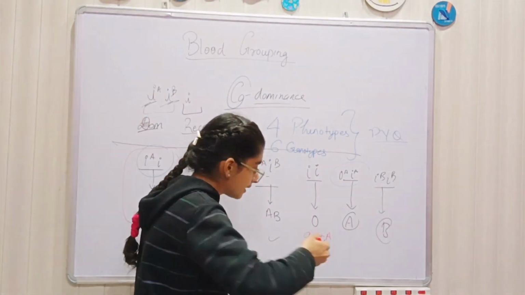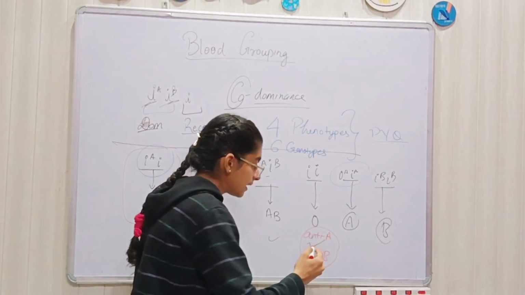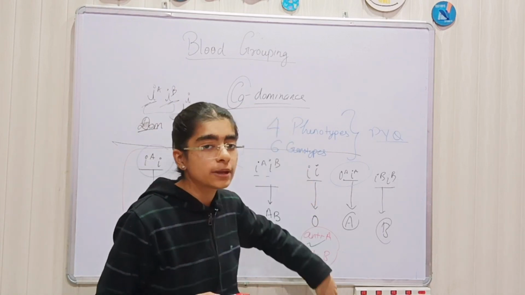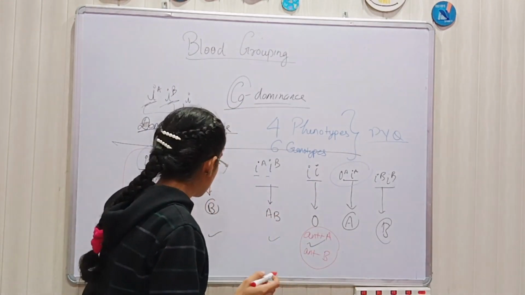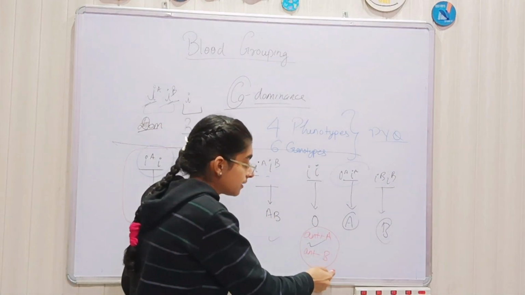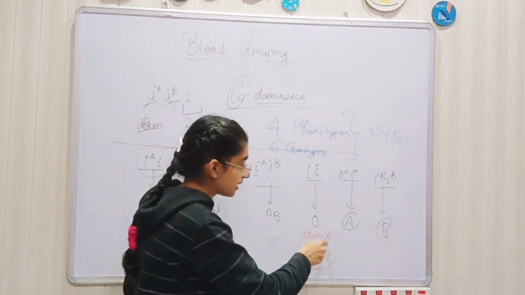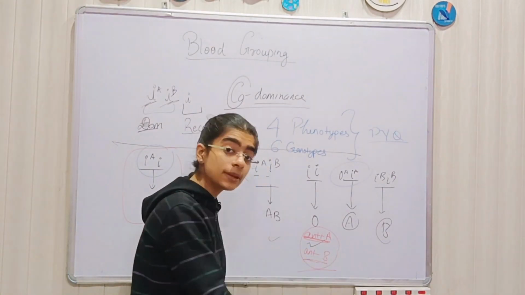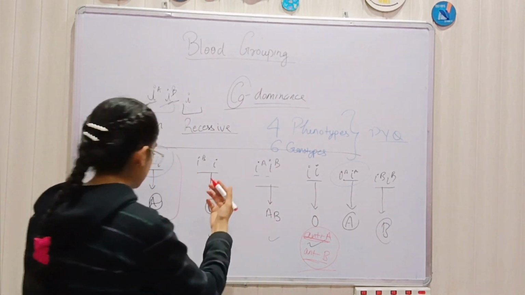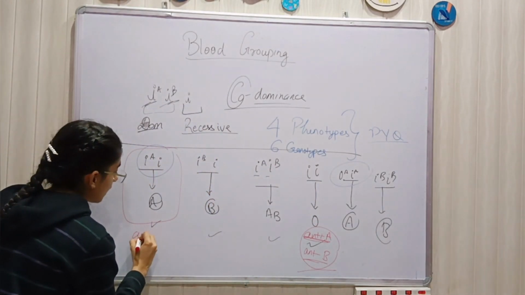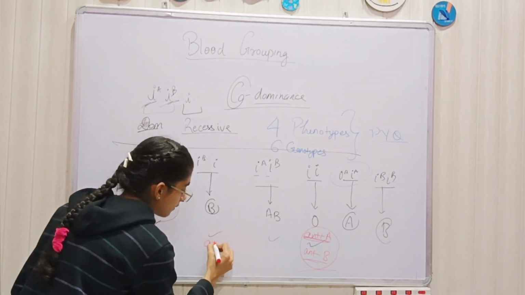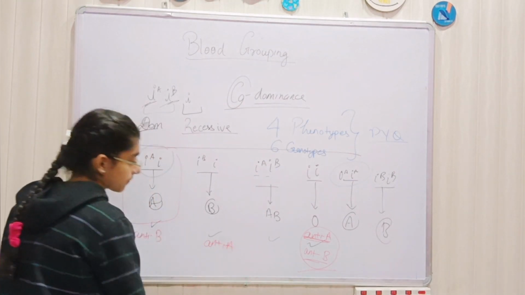So anti-A and anti-B are present here. If I transfuse any other blood group here, it will show a reaction. Similarly I can write here, I will have antibody B, and here I will have antibody A.